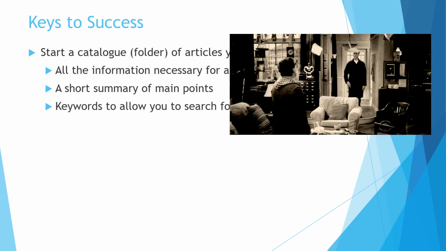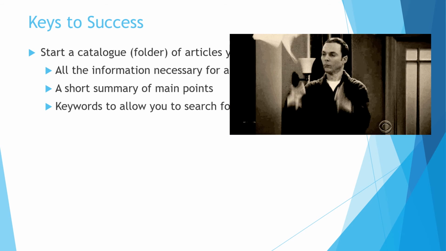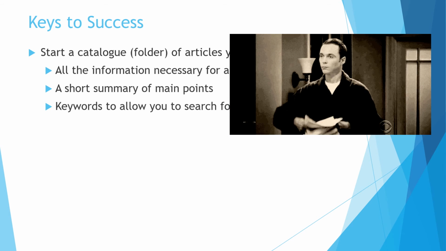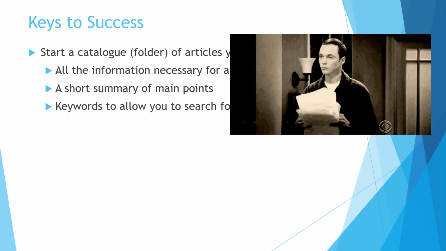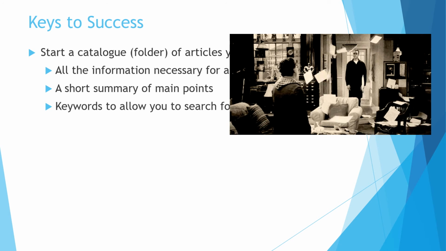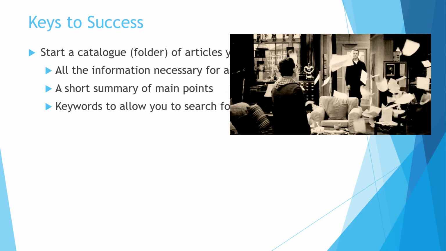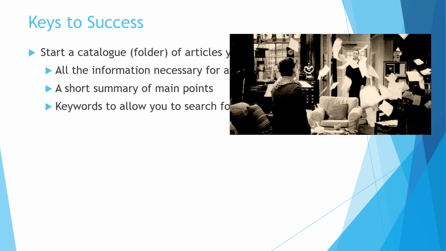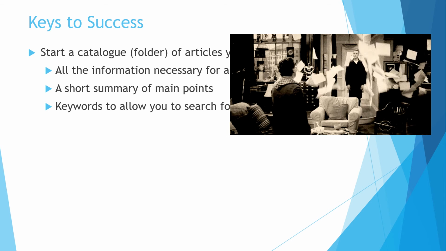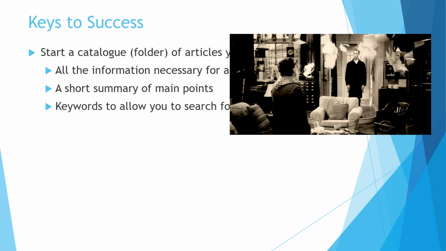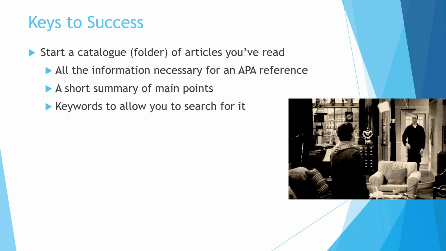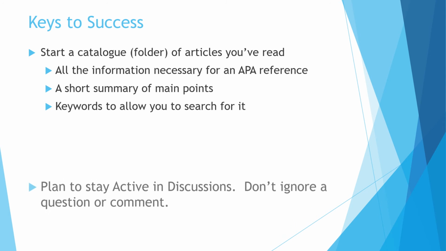You don't want to go back to the online library and start searching again. You want to go to your little catalog and scan through it, whether it's an Excel file or a stack of 3x5 index cards or however you want to do it. You should have a summarized version of the information of all these articles that you've read. You will have read hundreds, if not thousands, of articles by the time you get to your dissertation, so you need to have a way of organizing that information.